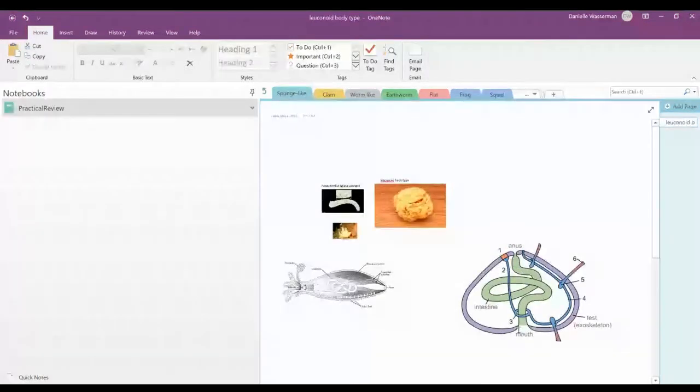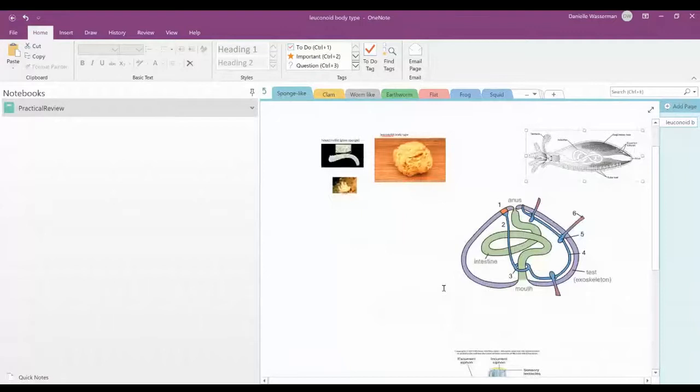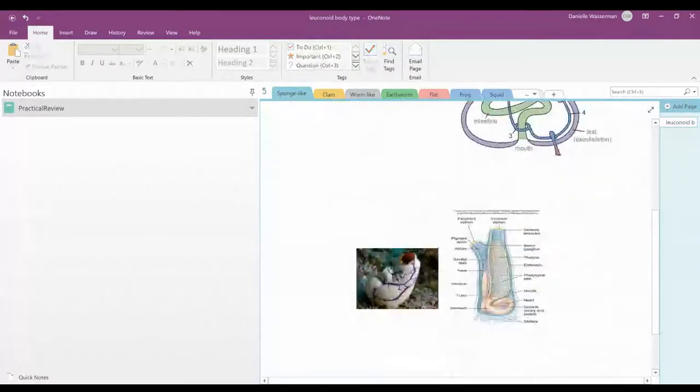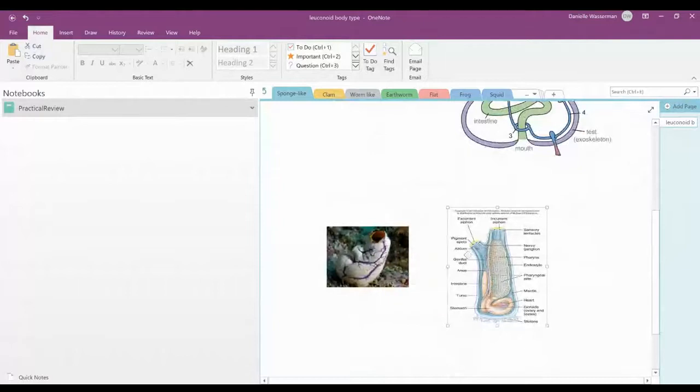So this is an echinoderm. This is also an echinoderm. These are poriferans, sponges. And these are urochordates.